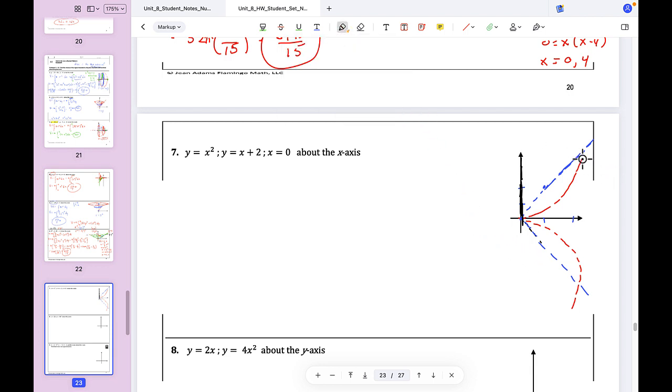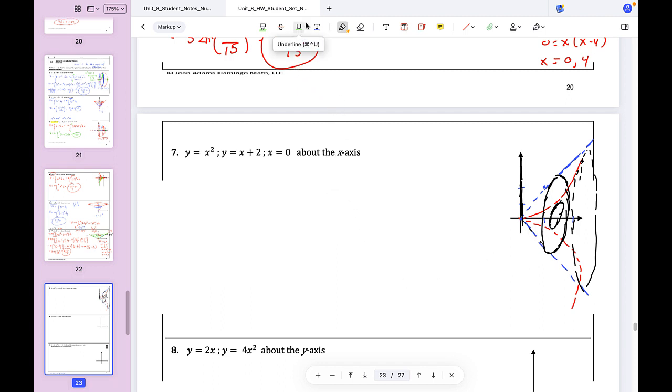There's the top of my shape. When I take my slice, here is my disc, and here's my hole, so there's the washer that we're looking at.